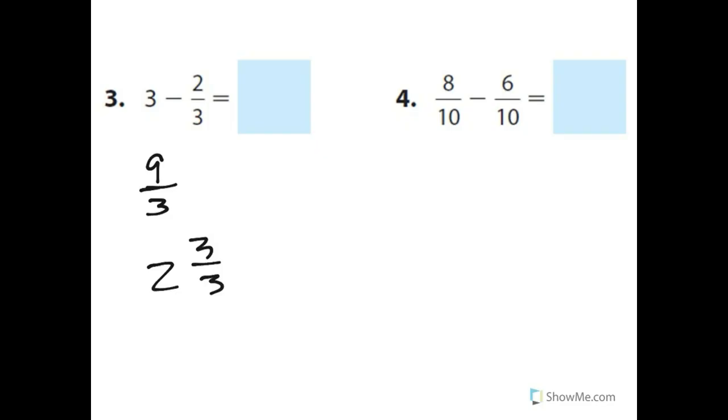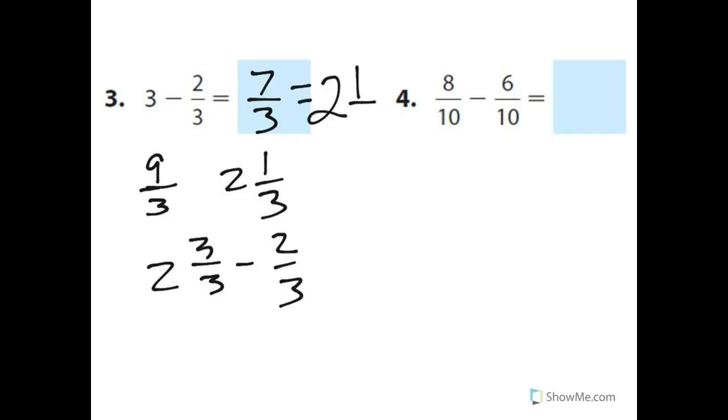Either one will be fine, because what we can do here, 9 minus 2 is 7/3, or when we have 2 minus 2/3, we're going to have 2 and 1/3. And 7/3, when it is simplified, 7 divided by 3 is 2 with 1 remaining. So either one will work.